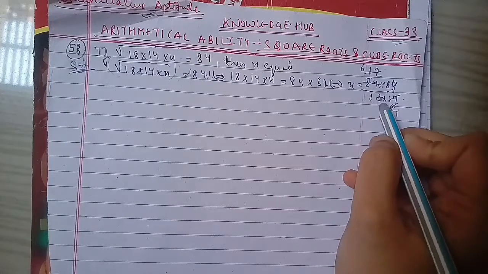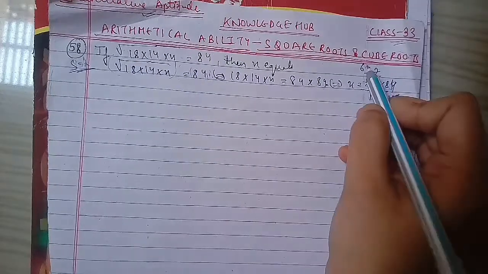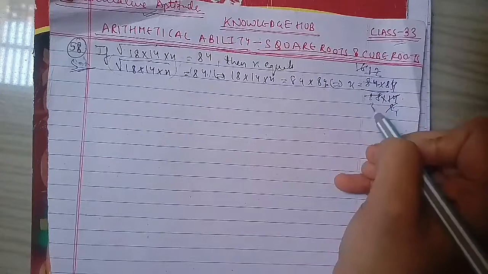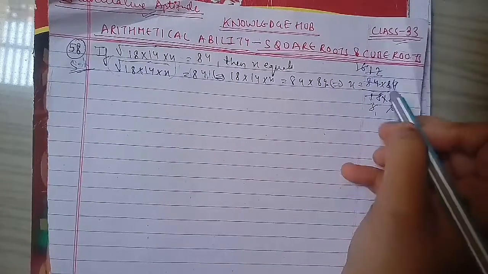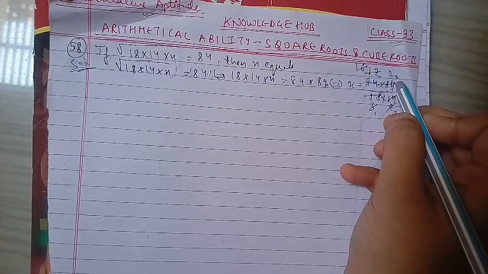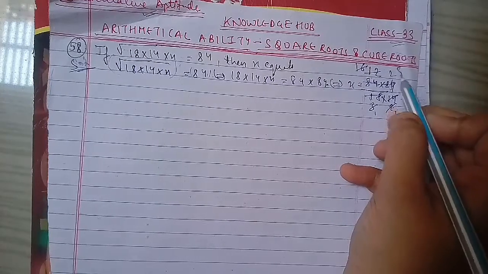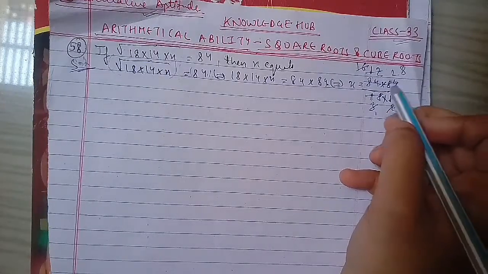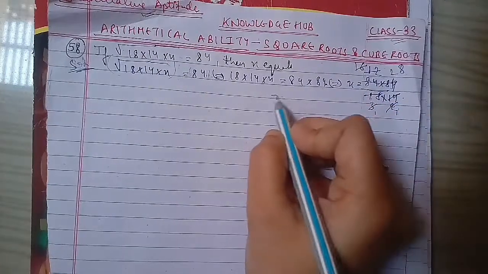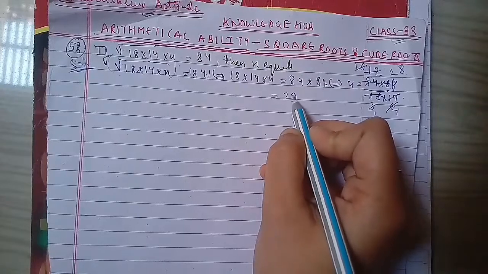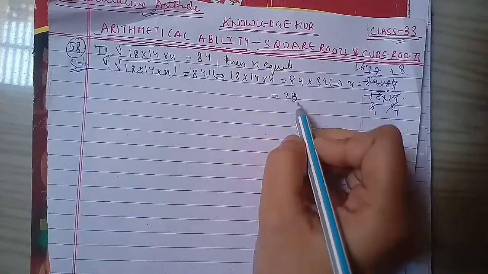Then 3 ones are 3, 3 twos are 6, and 3 eights are 24. So we get 28, and that will be the right answer for this question, because it cannot be cancelled further and there is nothing left in the denominator.